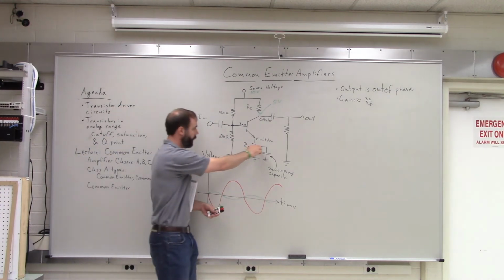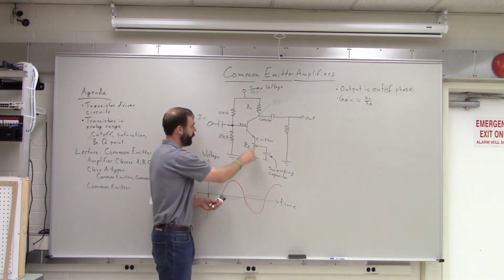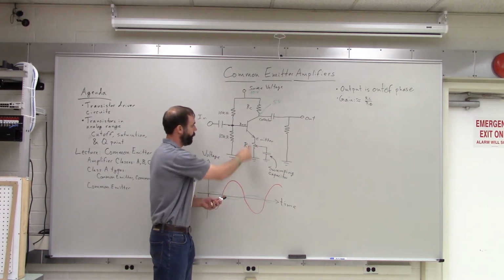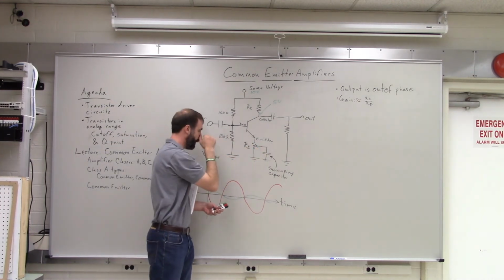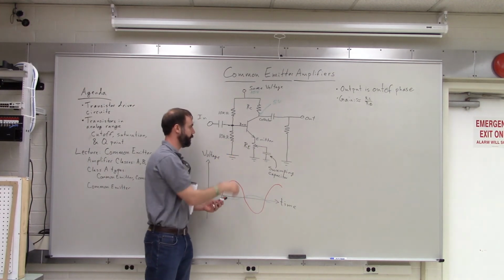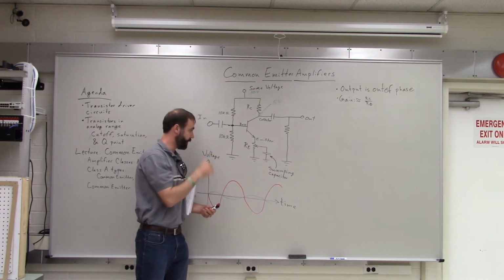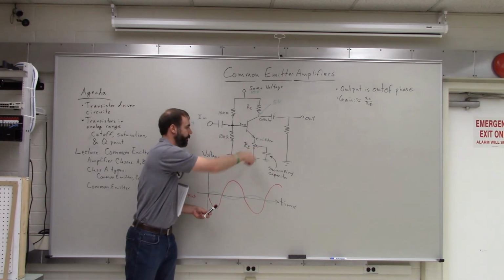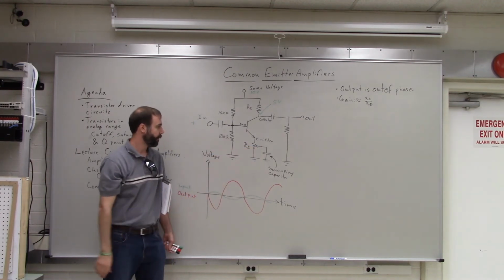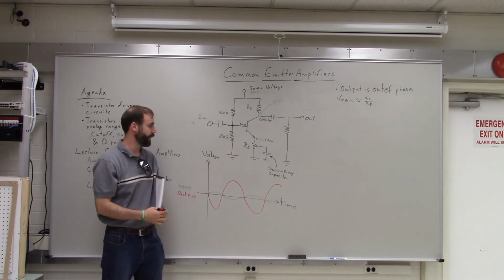So by putting this swamping capacitor in parallel with this other resistor, you're actually decreasing the resistance for the AC signal. The swamping capacitor blocks out any DC signal, so you don't have to worry about that, but it does allow AC signals to pass through, and you can choose the value of the capacitor so that it can either be easier or harder for those AC signals to pass through.